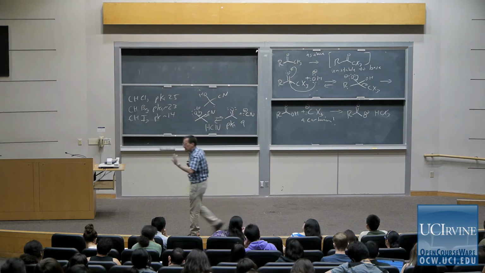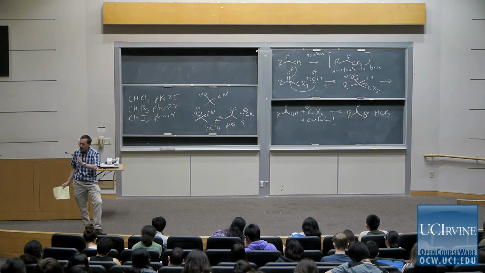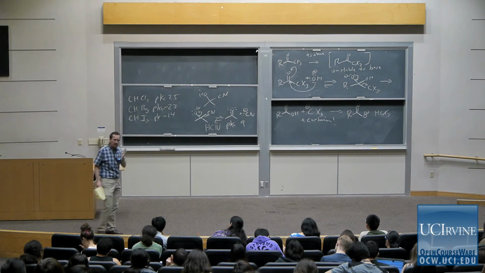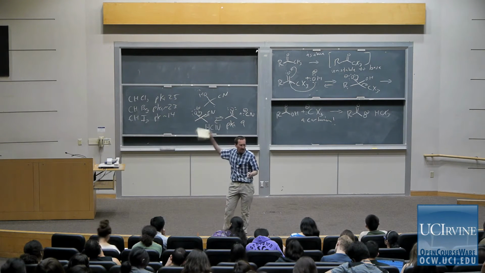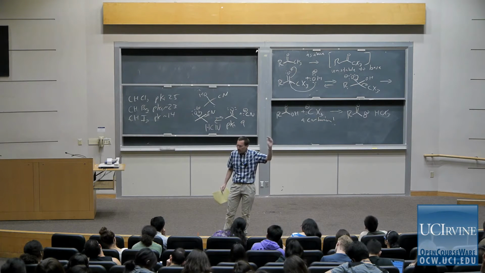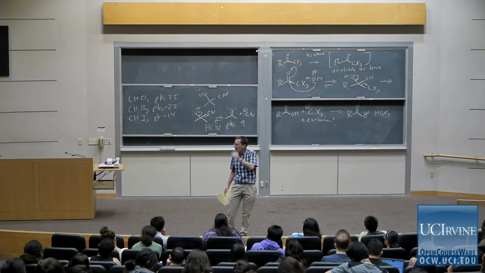Now this is going to come back in chapter 24 when we discuss the Claisen reaction, but more specifically when we discuss its mechanistic reverse. The Claisen reaction involves an ester enolate adding to a carbonyl. The mechanistic reverse involves kicking out an ester enolate.